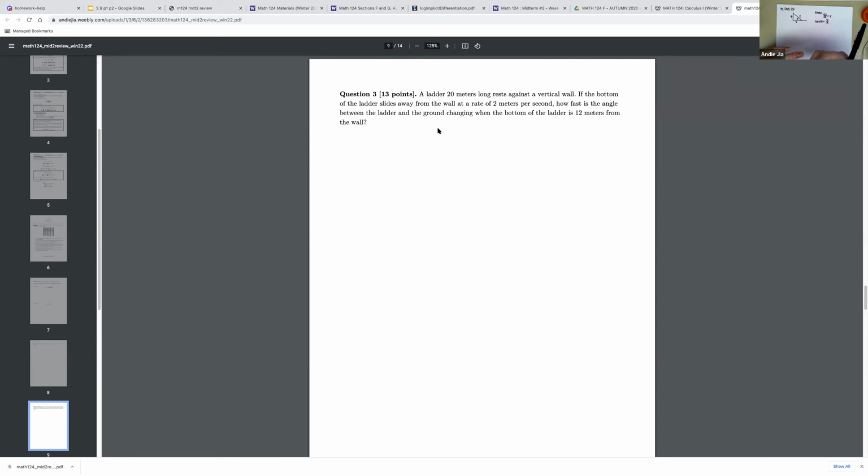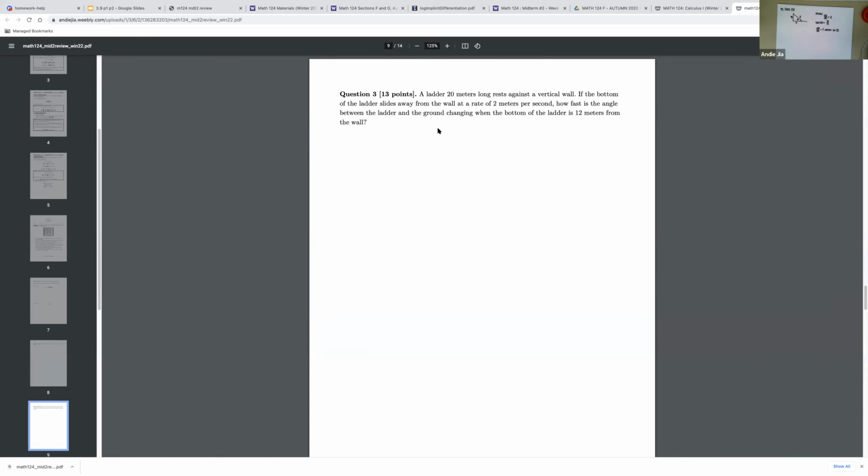We want to find, when the ladder is 12 meters, what we want is x, and what we want is d theta/dt when x equals 12.